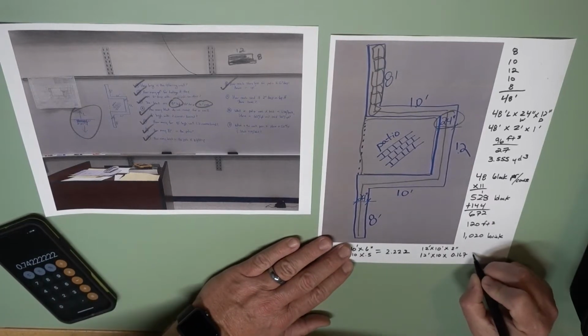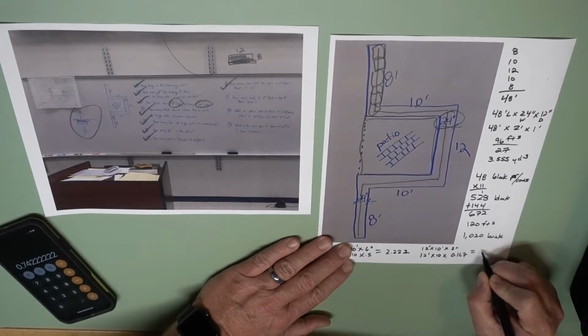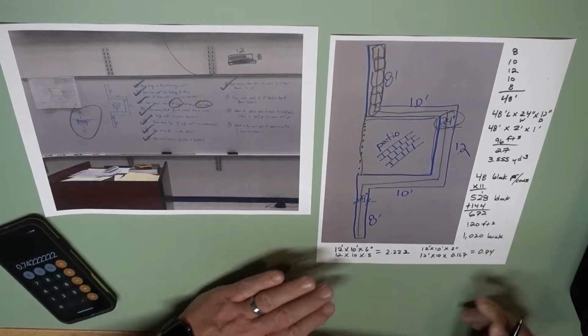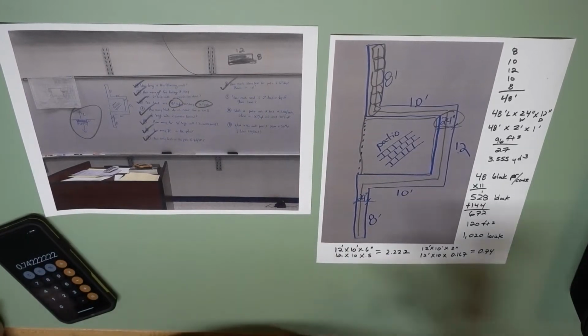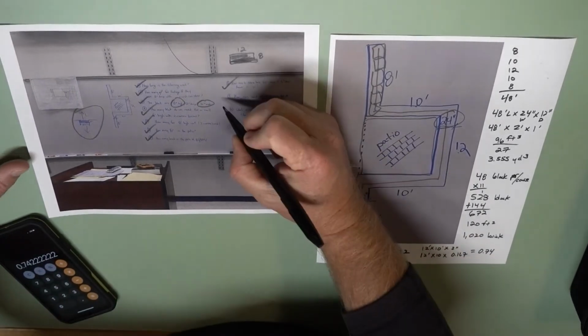We're going to need about 3/4 of a yard of sand to screed on top of the gravel.